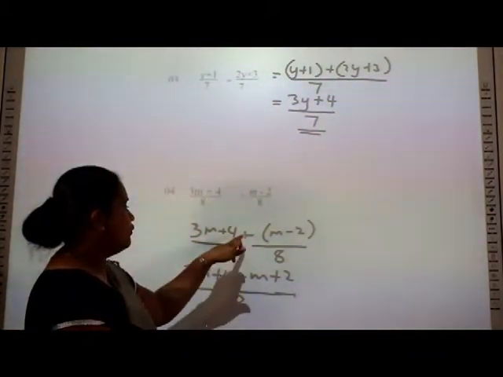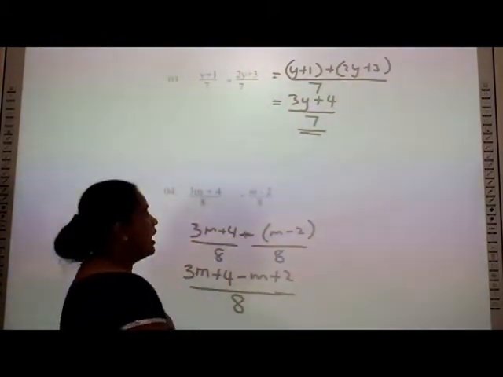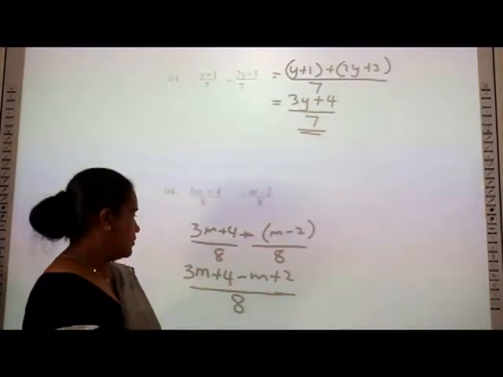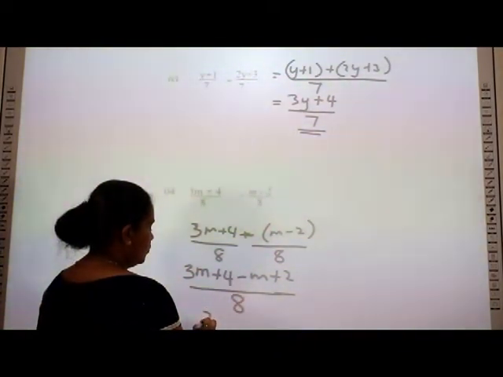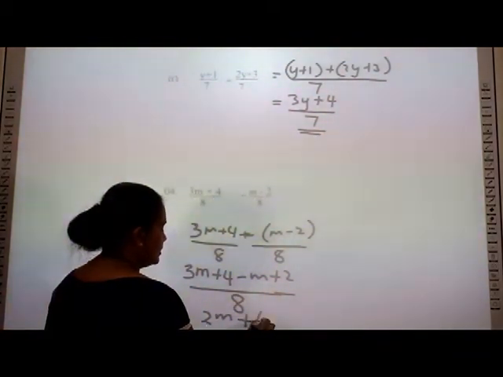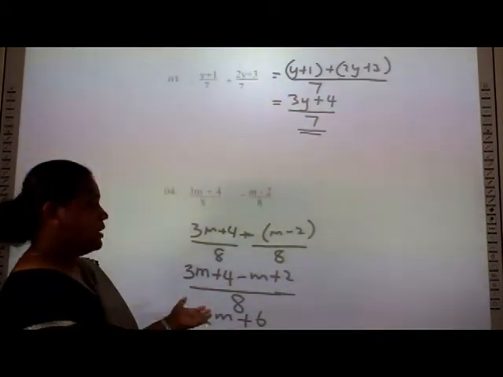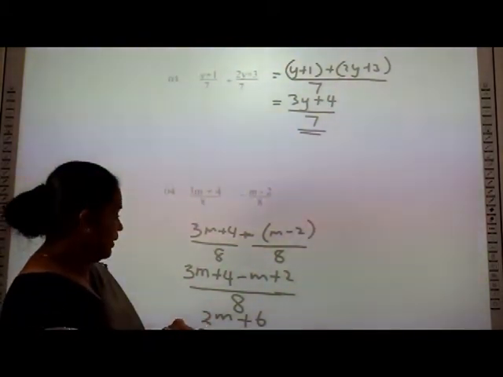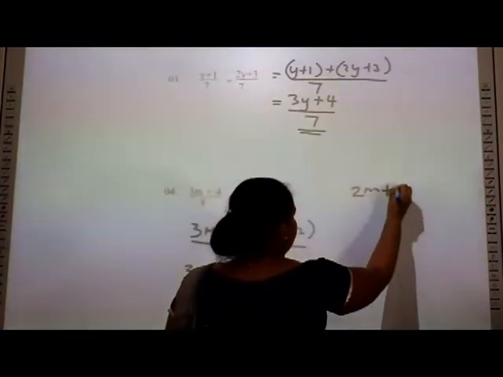So here if you don't put brackets, the answer will be wrong. Now you can subtract: 3m minus m is 2m, 4 plus 2 is 6, so 2m plus 6 over 8. Can we simplify it more? We can simplify it more.